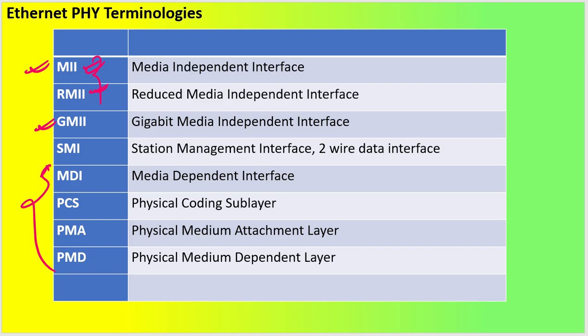We also went through different terminologies like MII, RMII, GMII, which evolved based on speed.